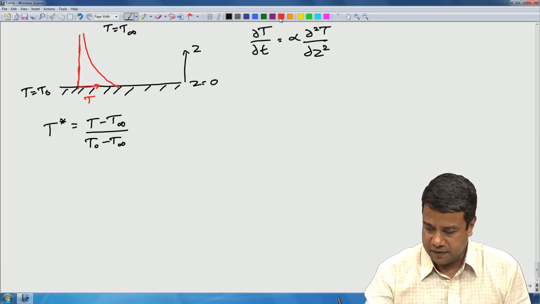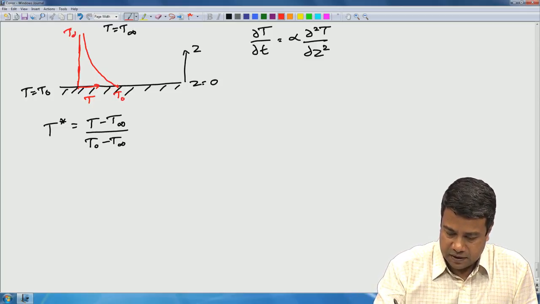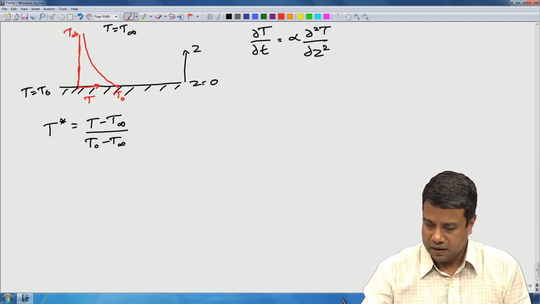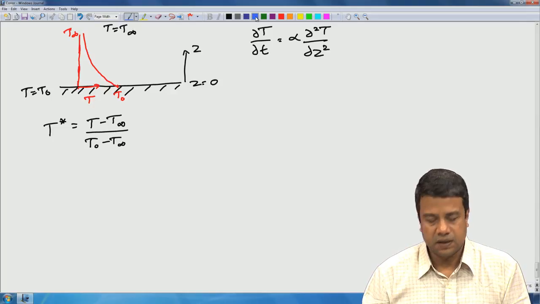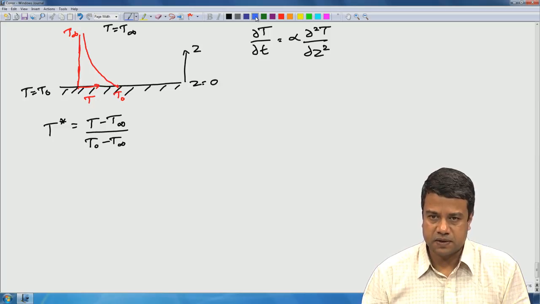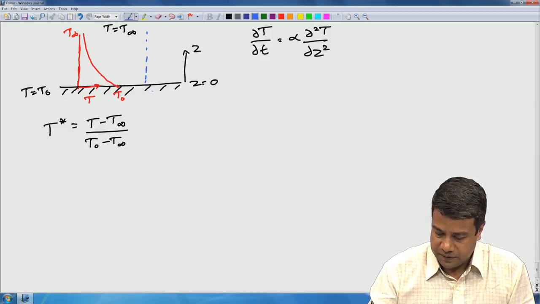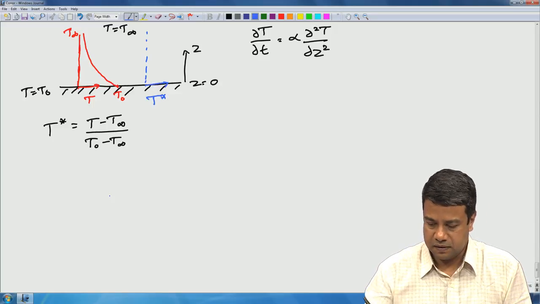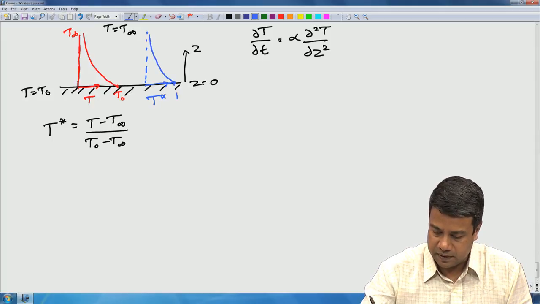So, in this picture I have T naught here and T infinity here. If I were to plot the scaled temperature, you can see that far away it is equal to 0. At the surface itself, T is equal to T naught and the scaled temperature is equal to 1. So, if I plot T star instead of T, it goes from approximately 1 to 0 far away.